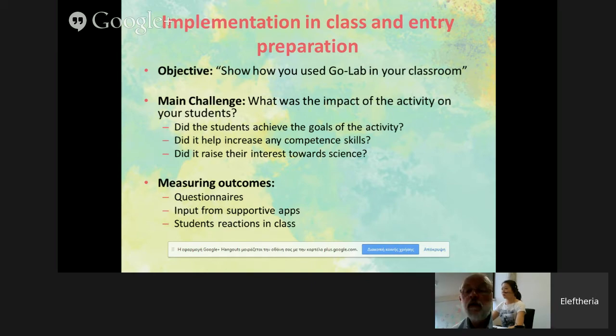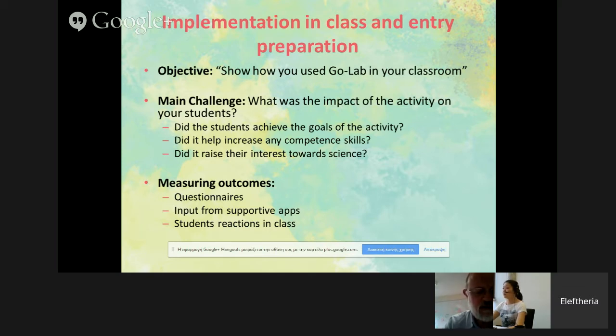Did it help them achieve their goals more easily than it would have in another environment? Did it help increase any competence skills? Did they like it? Was it interesting for them? Did it help them get a better understanding of science or think more positively towards science?